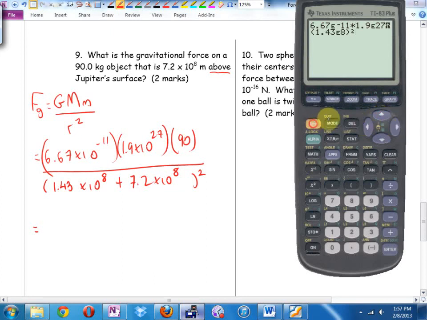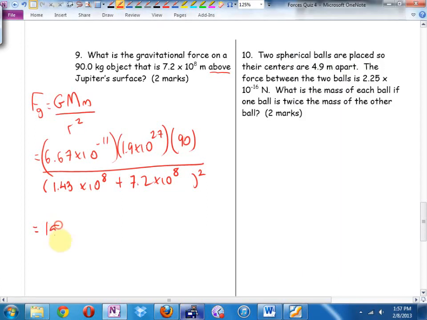I need to insert a times 90, and I need to add a plus 7.2 times 10 to the 8th. I think I'm good. Yeah, nice. Oh, 15.3 newtons. Not a big force at all.